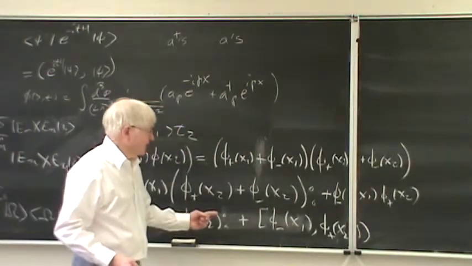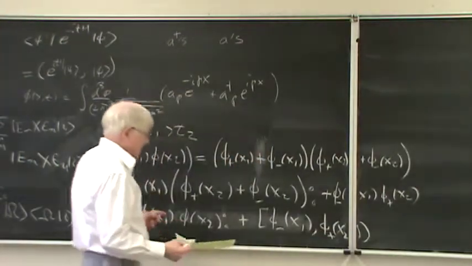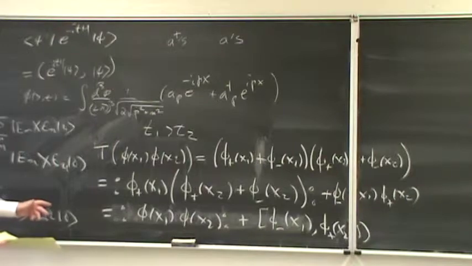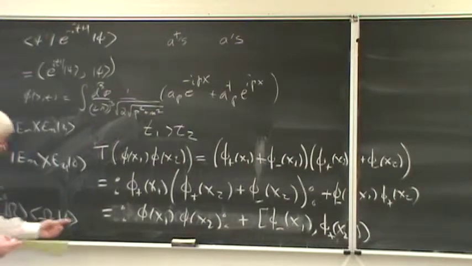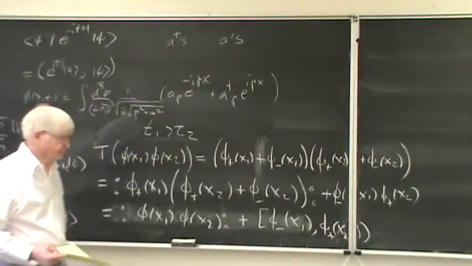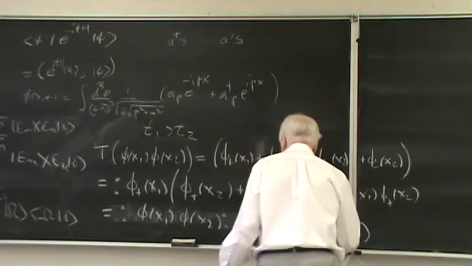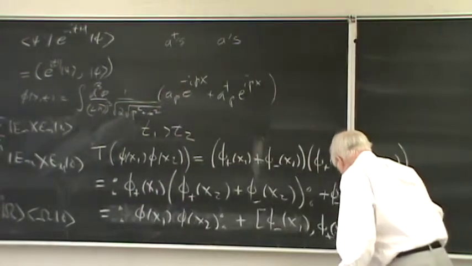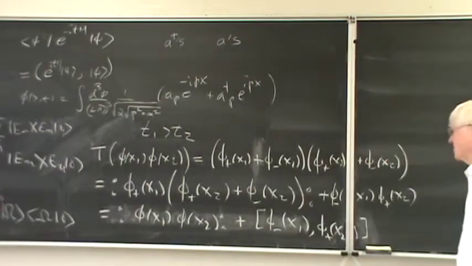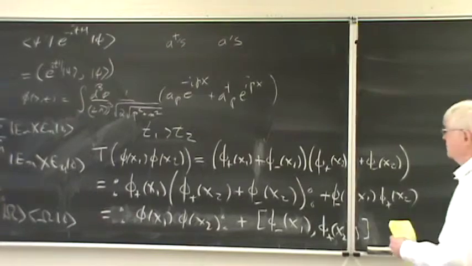This thing gives us this term, and then it subtracts out the term that is normally ordered in here that we didn't have on this line. And this one should be a square bracket for commutator. Okay, so that's the case for T1 greater than T2.